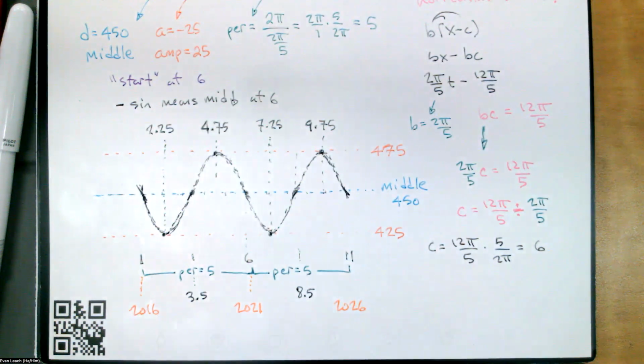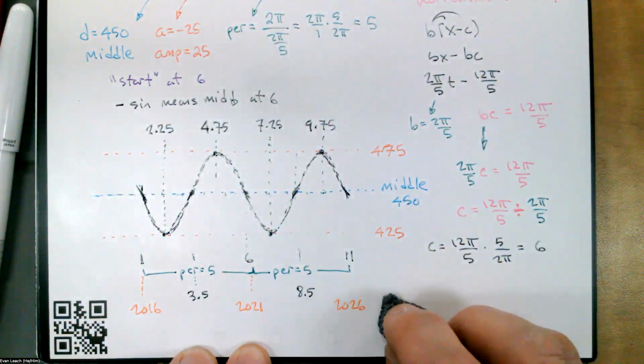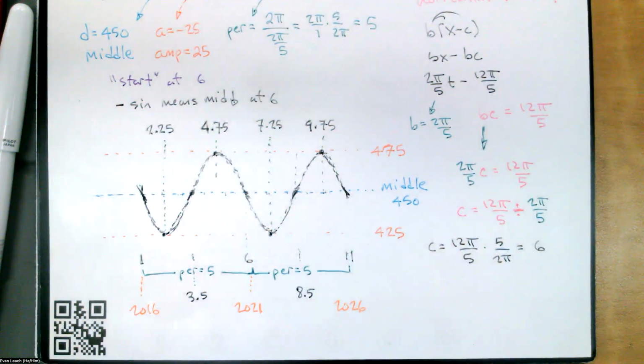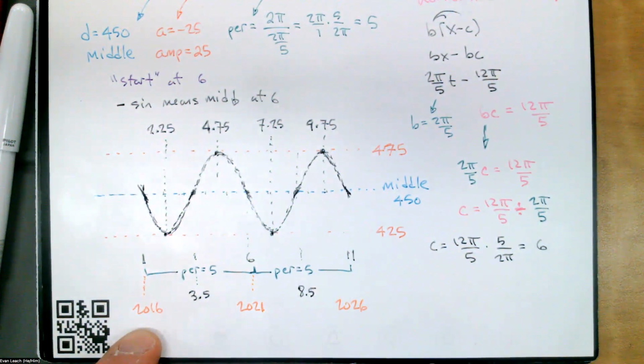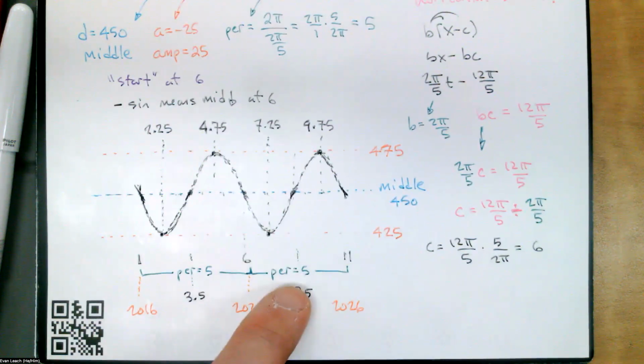I keep saying the 6. 15 plus 11. 2016 and 5 is 2021. 2021 and 5 is 2026, because our period is 5.